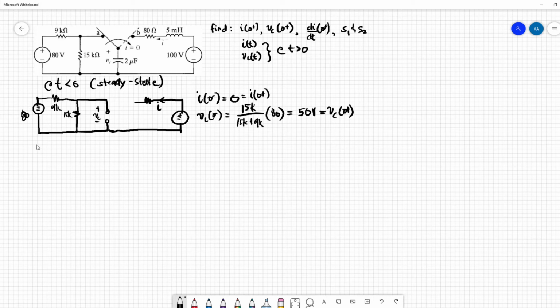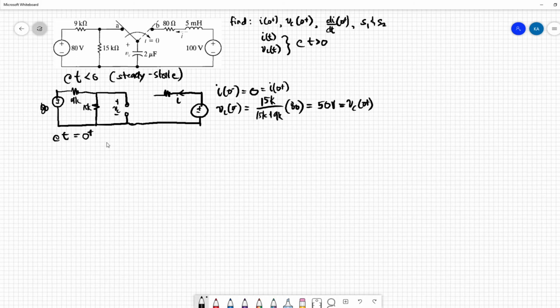Now looking at the circuit at t equals 0 plus, meaning the switch is on the other side, on contact B. So we have this circuit. We have VC at 0 plus, I of 0 plus, and we have 100 volts.